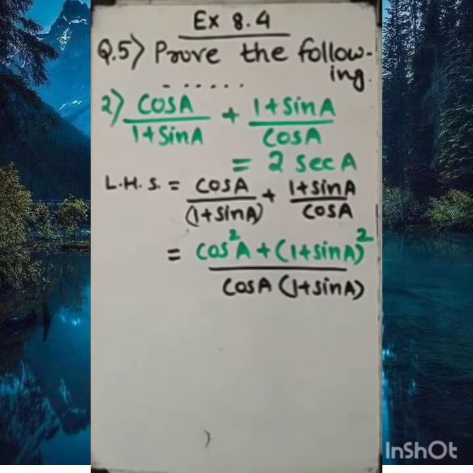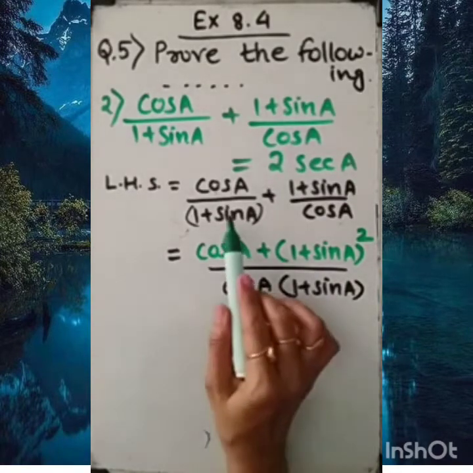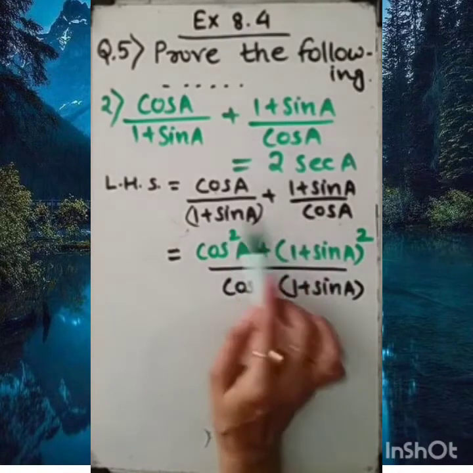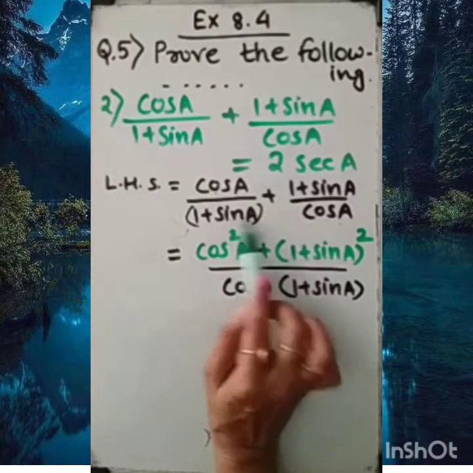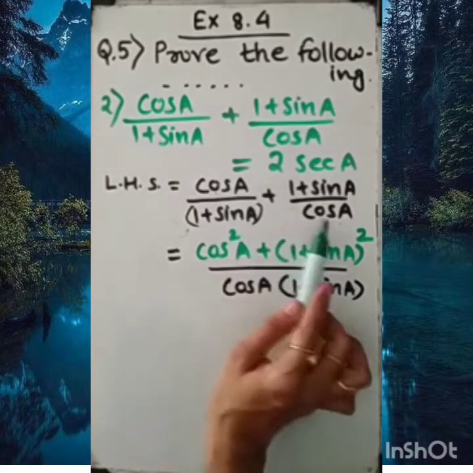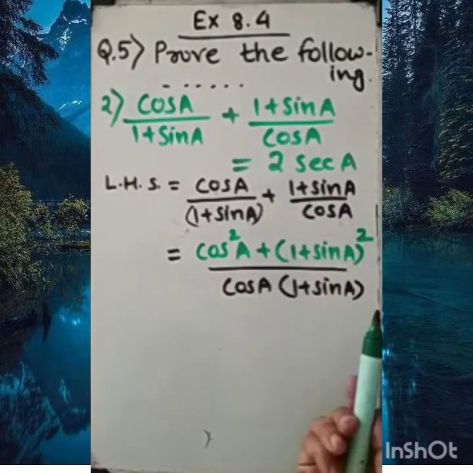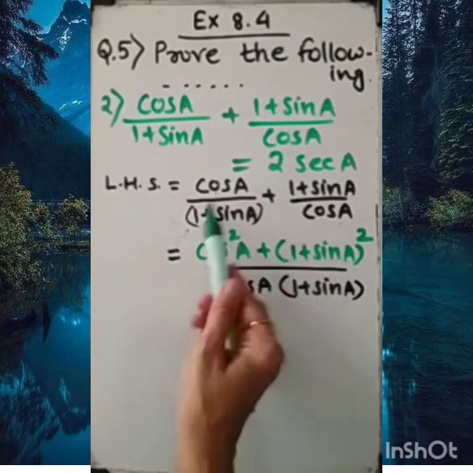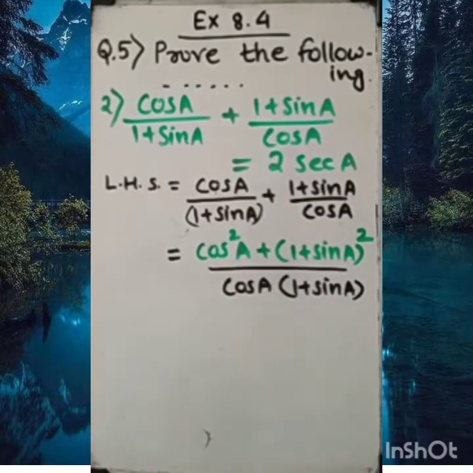We are not doing cross multiplication. You know very well, whenever the denominators are separate, meaning nothing is common between these two terms, we can do this procedure for fractional numbers. Similarly here we are applying it for trigonometric ratios.